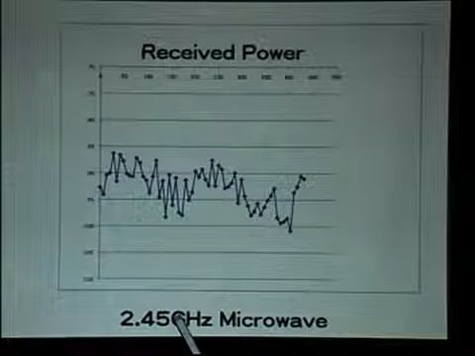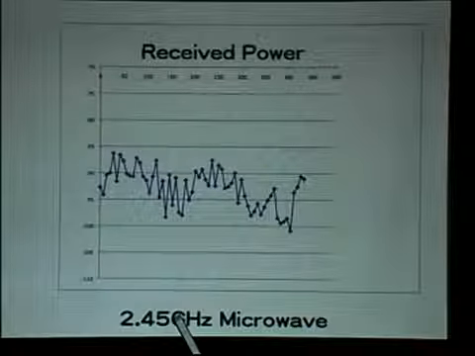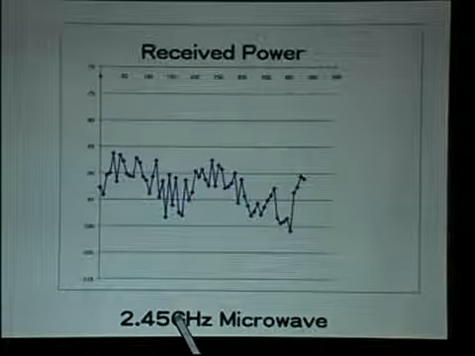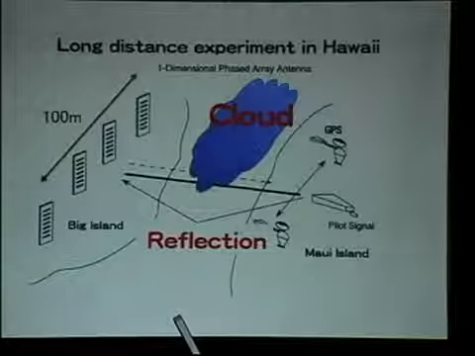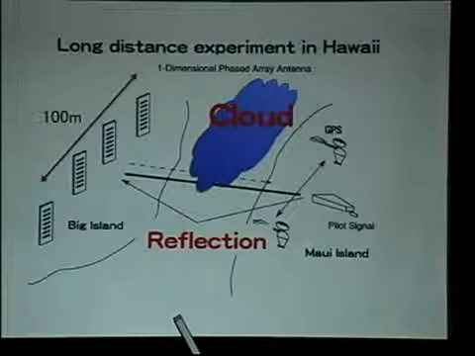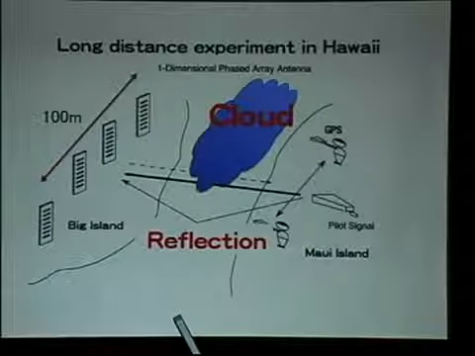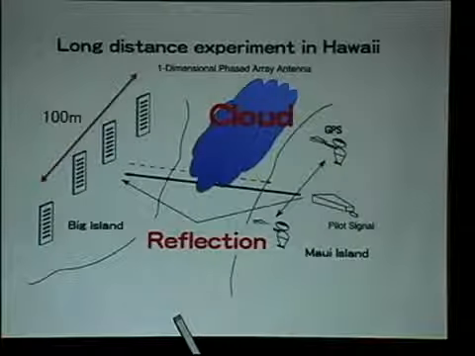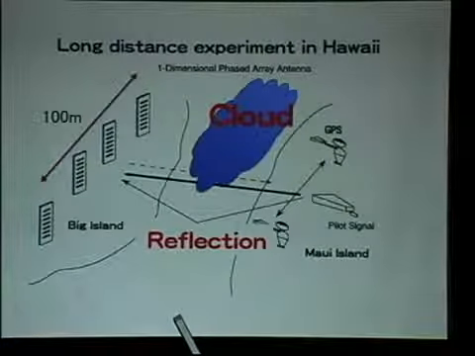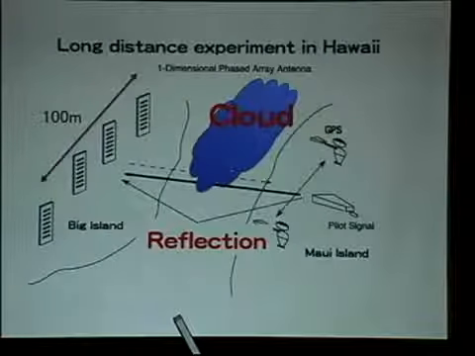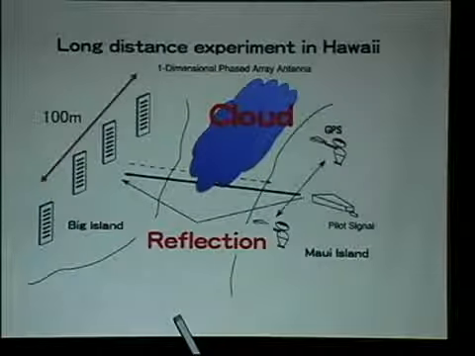So we considered the reason for this variation. Maybe reflection on the sea surface, and maybe clouds and atmosphere.